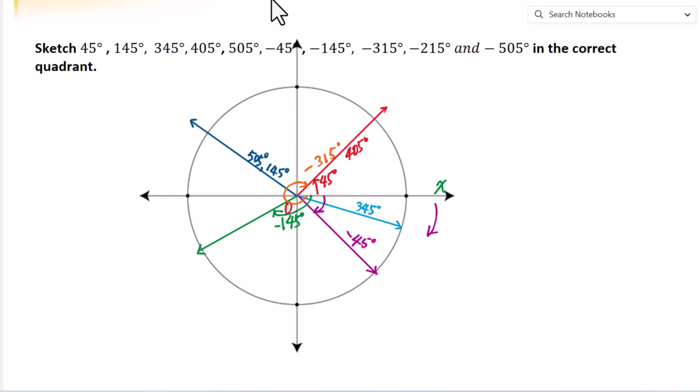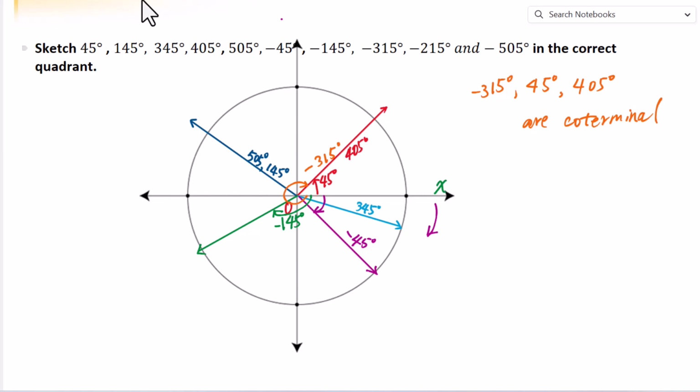So we got -315 degrees. -315 degrees, 45 degrees, and 405 degrees are coterminal angles.